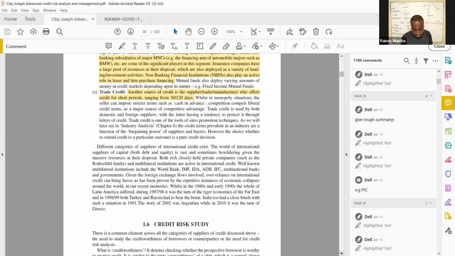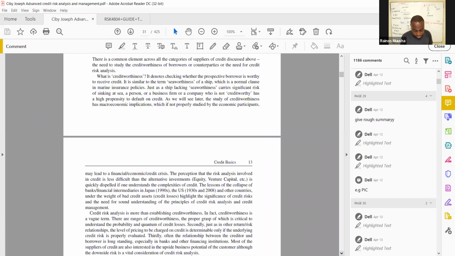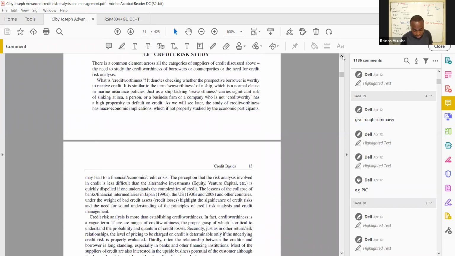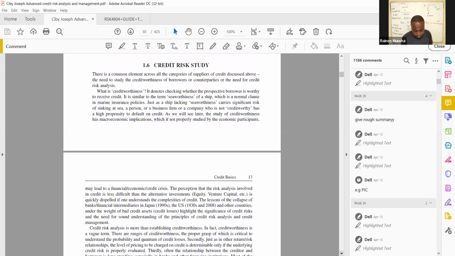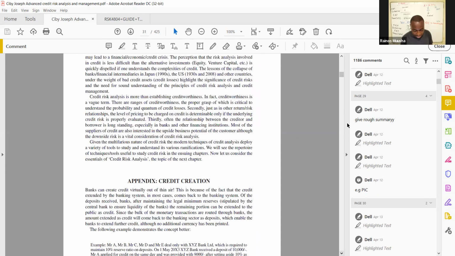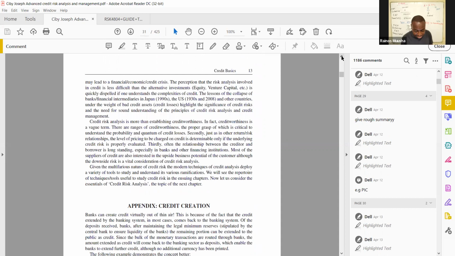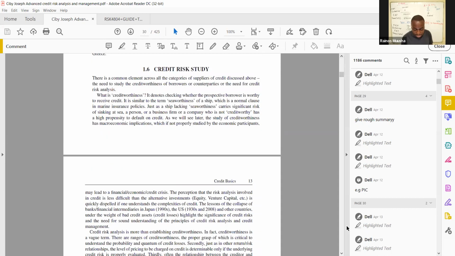On section 1.6, we look at the credit risk study. I didn't highlight anything here because I didn't see something that I would say would be examinable in the exam.